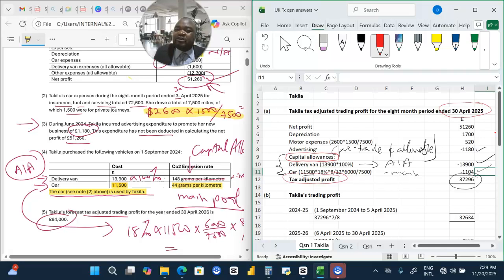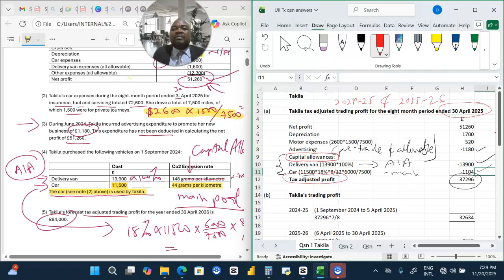This period included the 2024-2025 year and the 2025-2026 year. All right. Why am I saying it included both? Remember, I said our tax year, the UK tax year, starts on the 6th of April and ends on the 5th of April the following year.